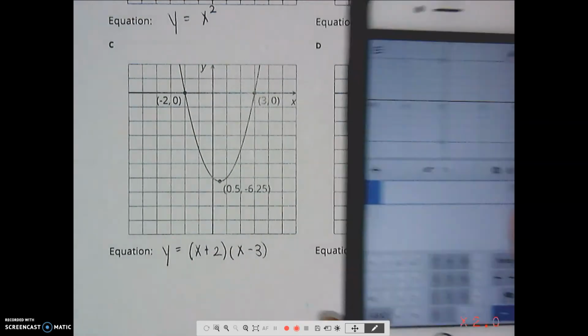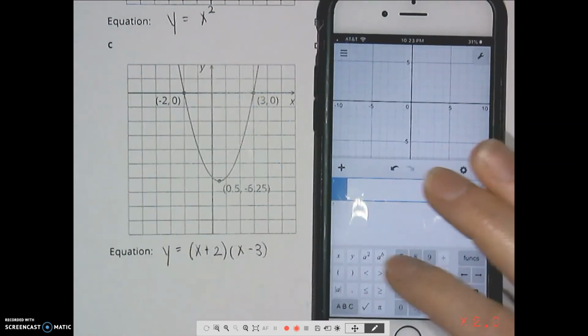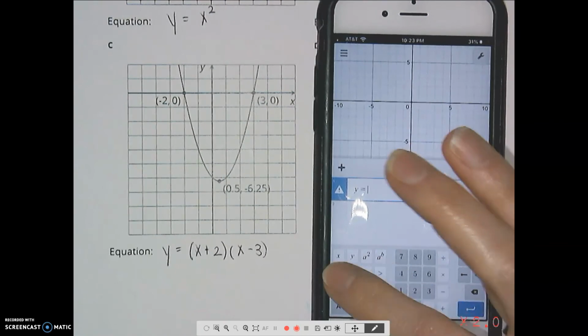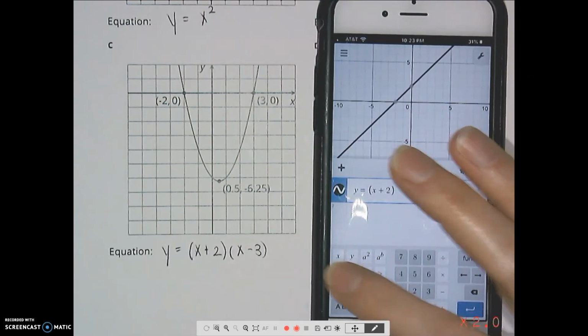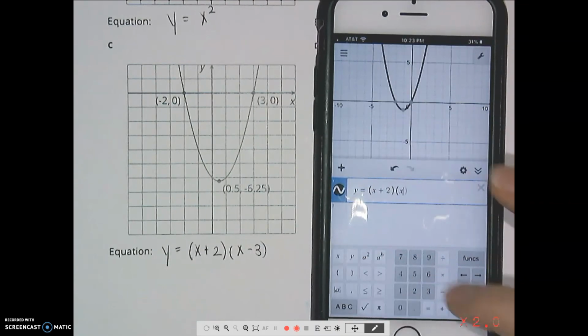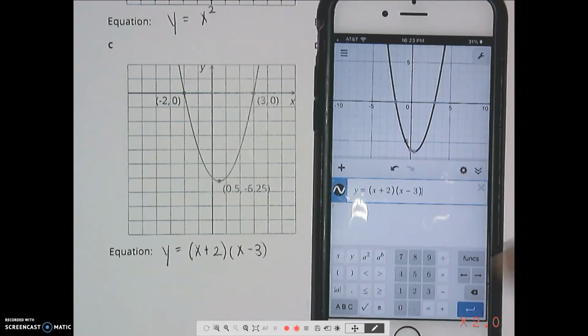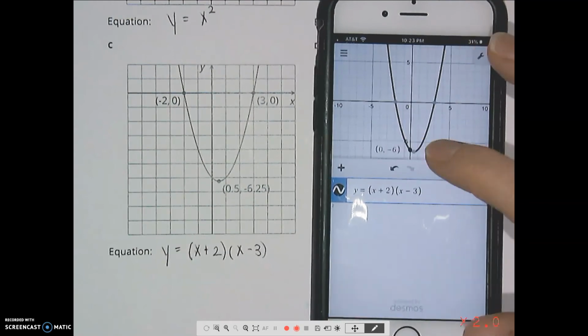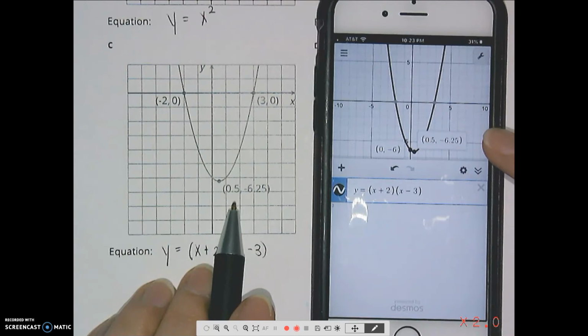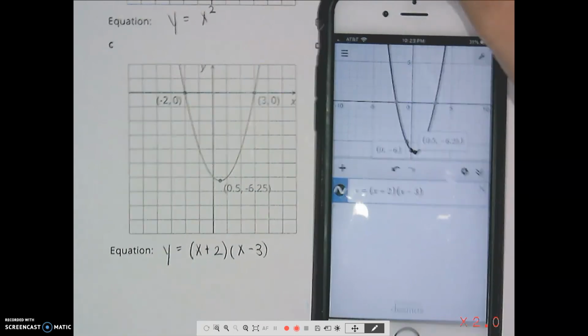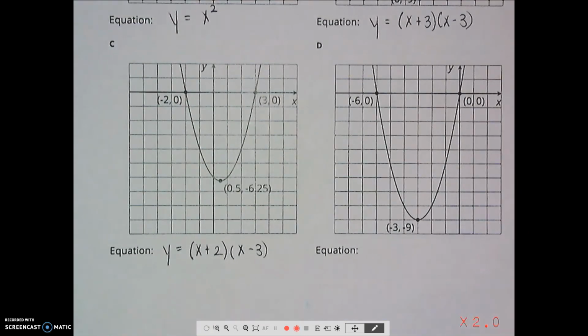If you do type this in, so you have y equals x plus 2 and x minus 3. Okay, and then you can look at these different values, so it does give us this point on there as well, so we know we're good to go. Okay, so that's how you would work on checking your answers.